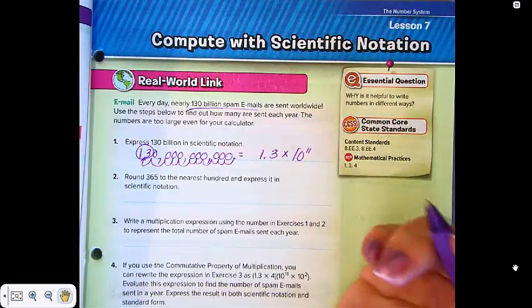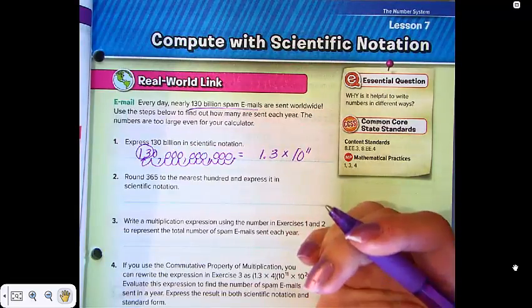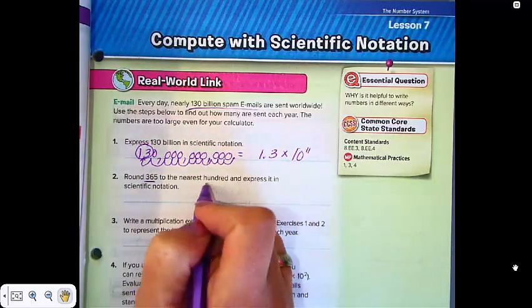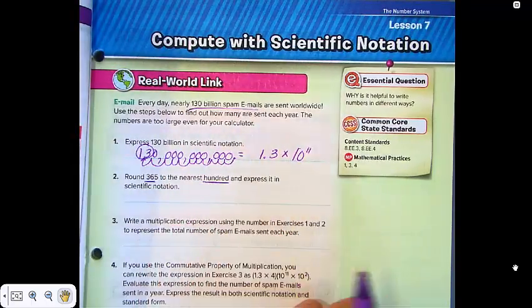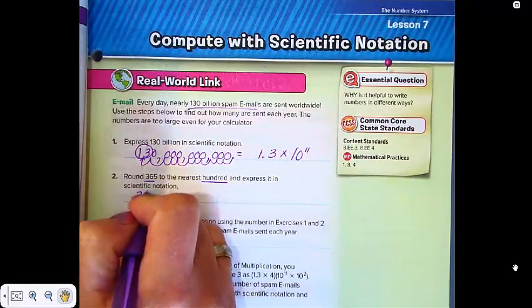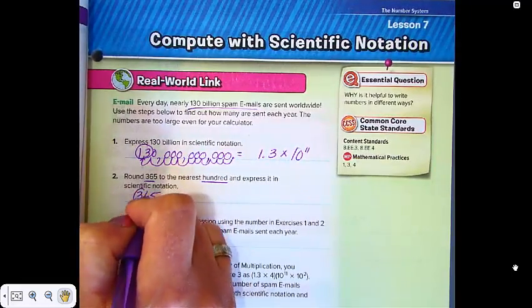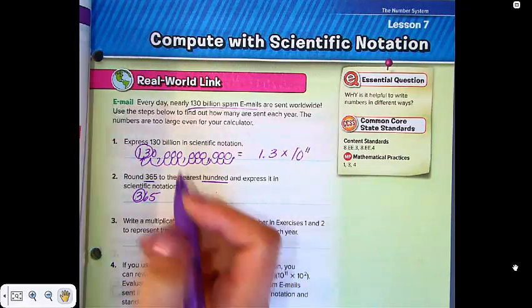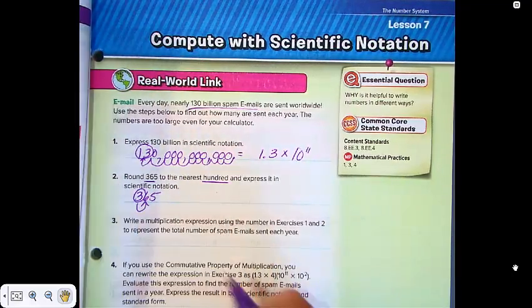That signifies 130 billion. Now this next one says I want to round this to the nearest hundred, and hopefully you know that in this number, this is my hundreds place. So I want to either leave that a 3 or I want to round it up to a 4, and the next number after determines that.